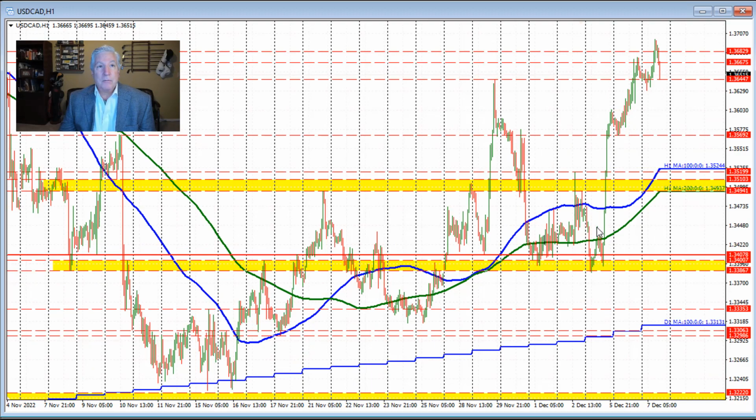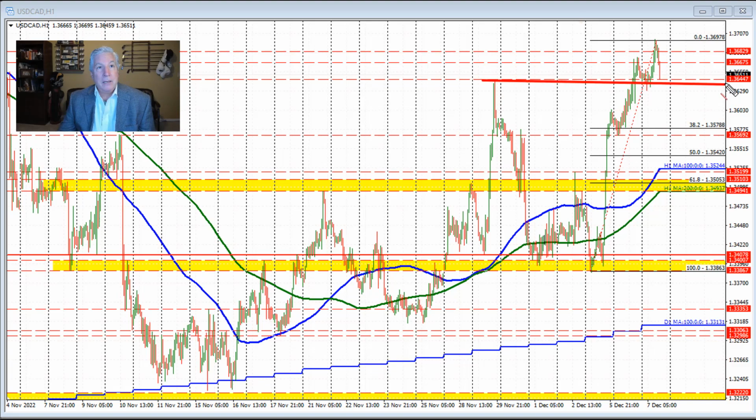Dollar versus Canada has moved sharply higher, over about 300 pips from this low to the high right here. But as you can see, we're rotating back to the downside here on the hourly chart. I'm going to put a Fibonacci from here to here, and also put a horizontal line where we're at right now, right here, as a sort of a barometer for the short term.